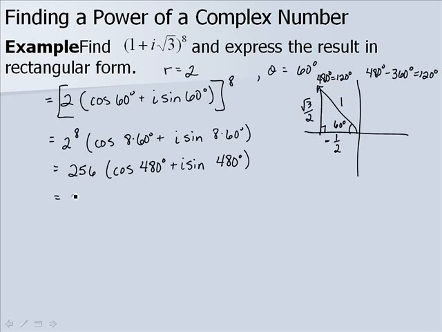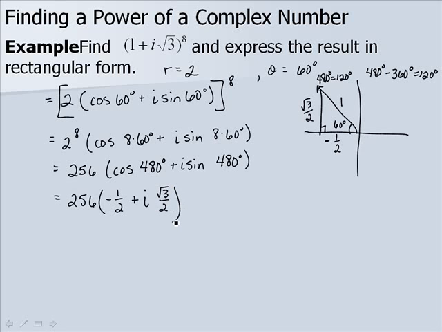So when we take the cosine of 480, or 120, we'll have our x value, or our adjacent over the hypotenuse. So we have negative 1/2 plus i times the sine of 480, which would be our y value, or opposite over hypotenuse. So we have the square root of 3 over 2.